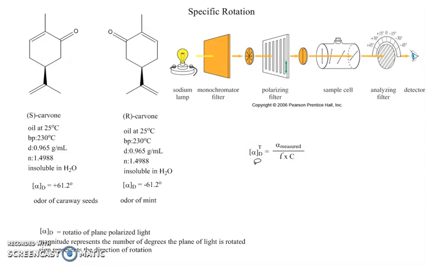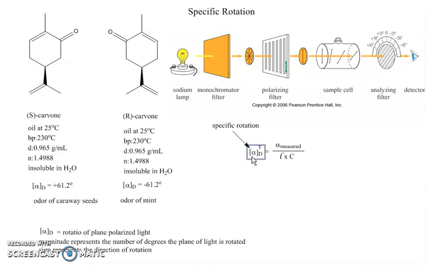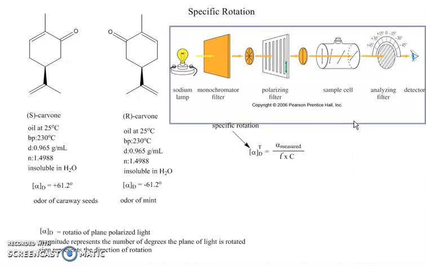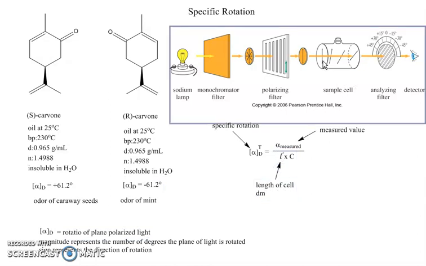In this equation, if we specify what each of these things represents, this is the specific rotation. The T just stands for the temperature that the experiment was run at. The D refers to the wavelength of light that's being used by this monochromatic filter. So this is the number we're trying to find. This α measured is the measured value, what we read off of our polarimeter. This L here is the length of the cell, how long the cell is that contains our sample.